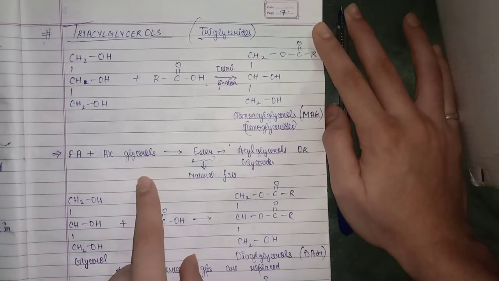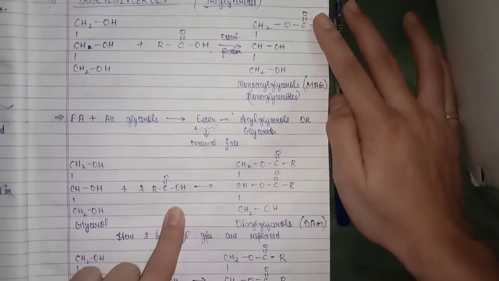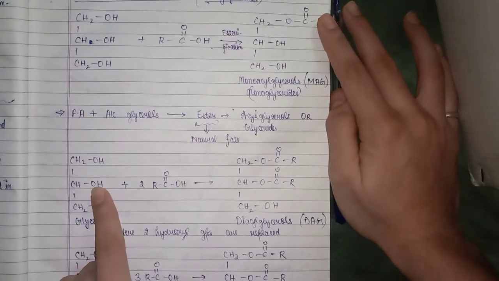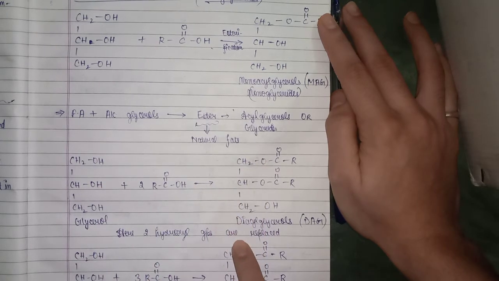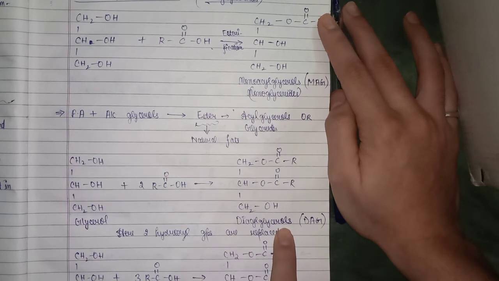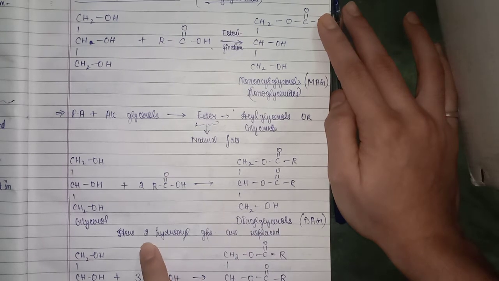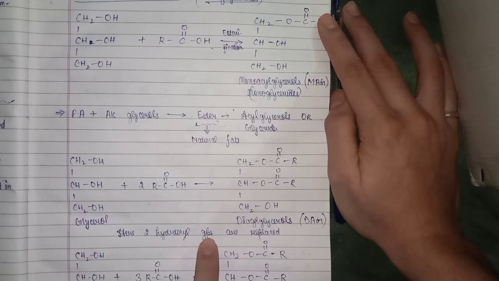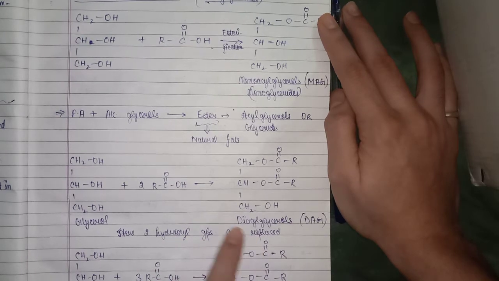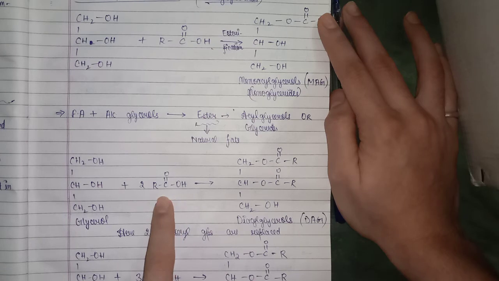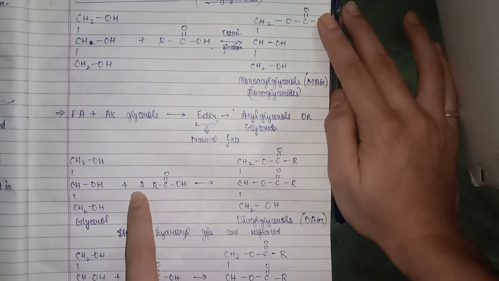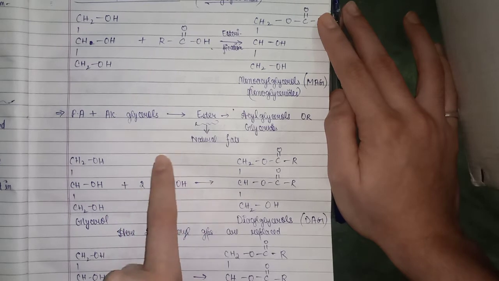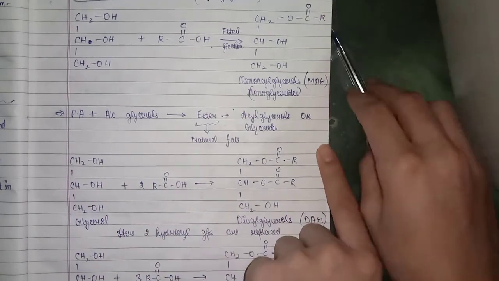When we again add another fatty acid at the second position, it leads to the formation of diacylglycerols, because here two hydroxyl groups are replaced by two fatty acid chains. These are the fatty acids: a long hydrocarbon chain and a terminal carboxyl group.